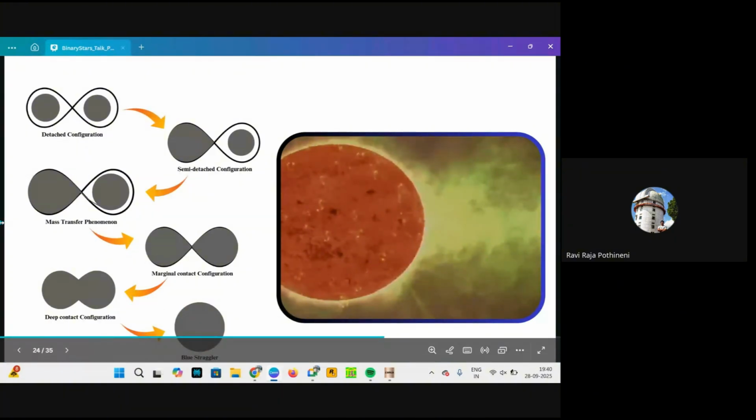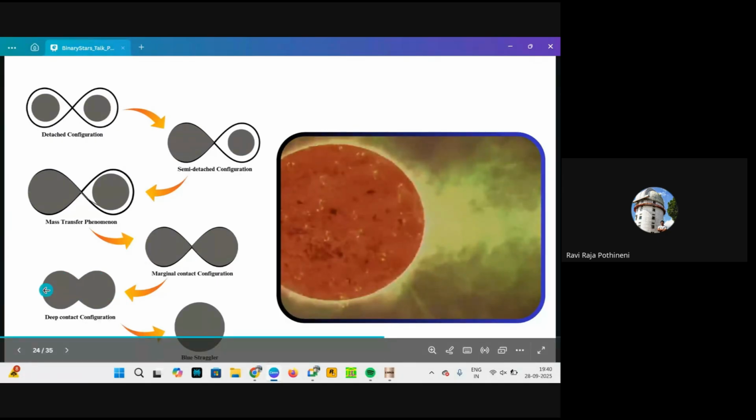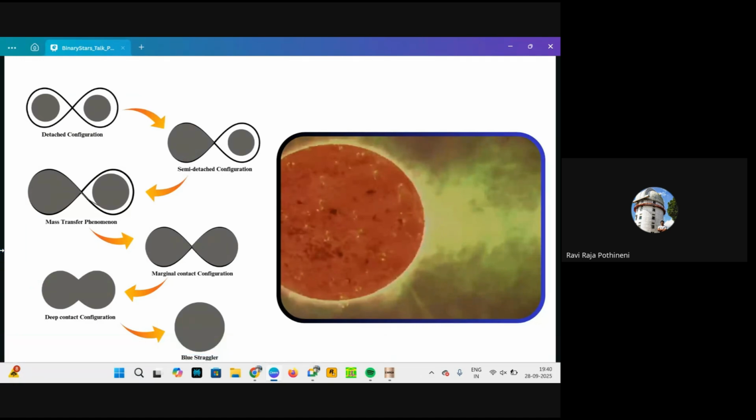Blue straggler means what? One star engulfs the other star. They merge into a single star. How beautiful it is. Now, why are we calling it a blue straggler? Because, as I have shown you in the HR diagram, each and every star has its own place on the HR diagram.